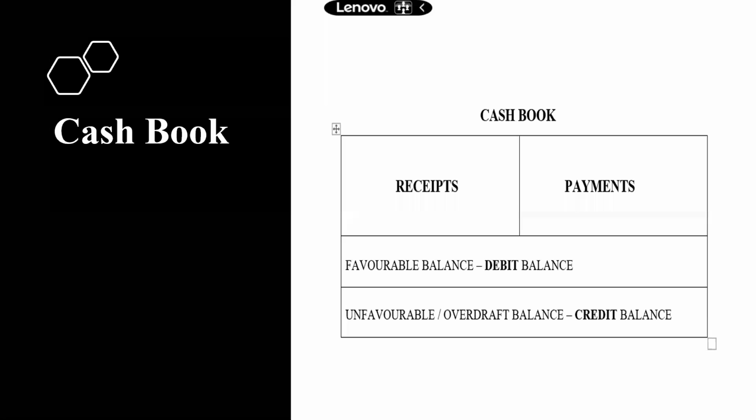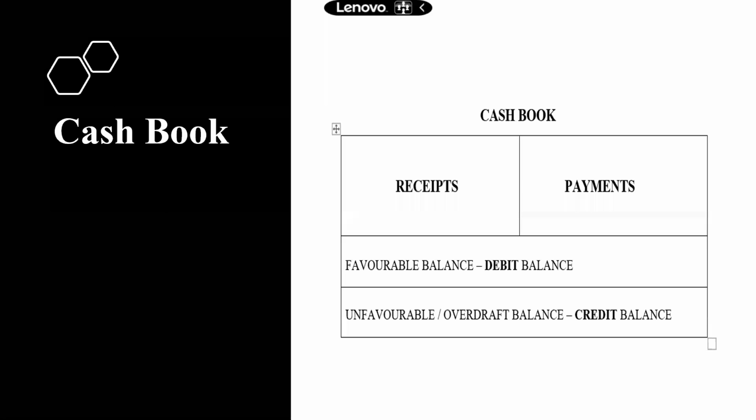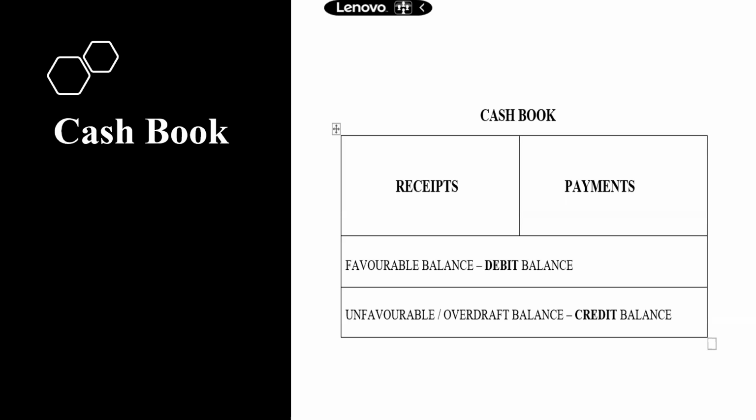Right? So just remember these points in your mind perfectly. When I say cash book, immediately this picture should come into your mind. Debit is receipts, credit is payments, normal balance is debit balance, overdraft balance is credit balance. So whenever we say cash book, first thing, cash book means bank column of the cash book.